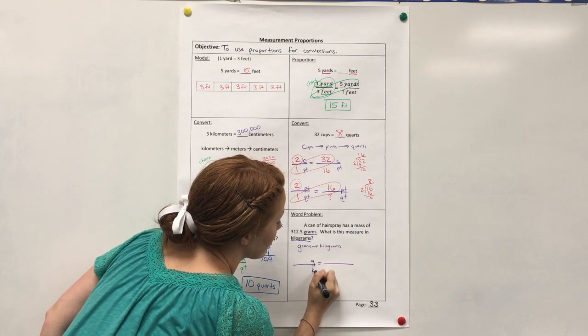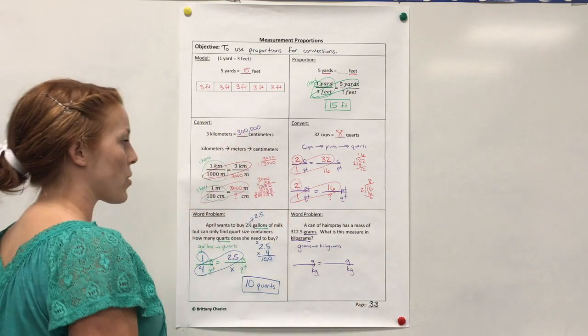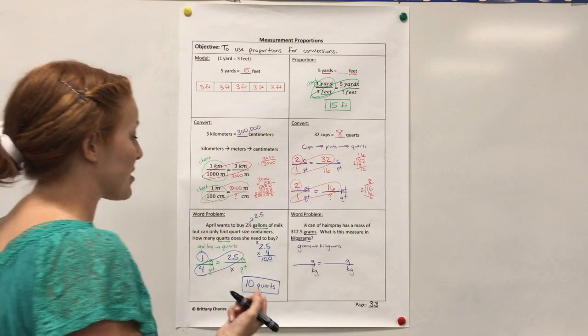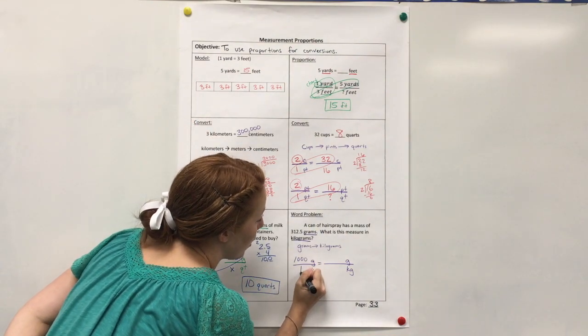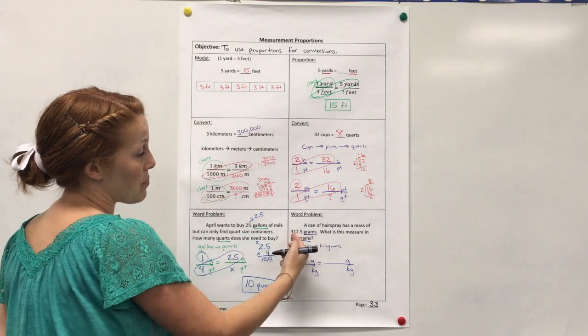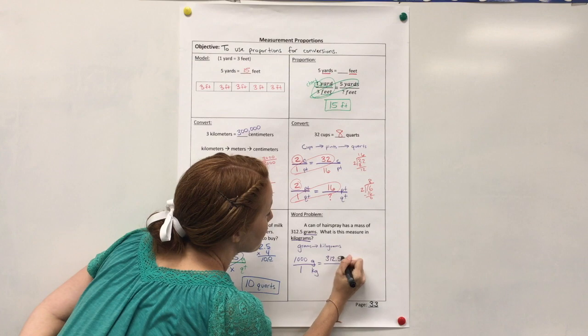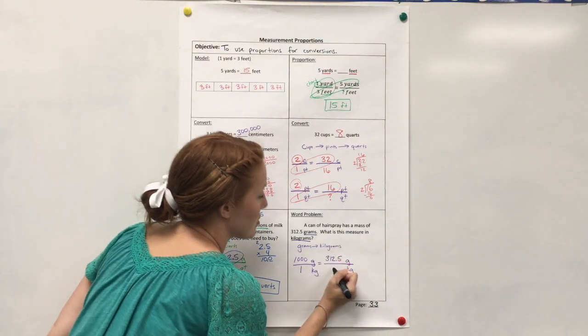Grams, kilograms, grams, kilograms. On my chart, it tells me that 1 kilogram is 1,000 grams. So 1,000 would go up here with grams, and 1 would go with kilogram. And then up here, it tells me that 312.5 is how many grams I have. So I'm trying to find what this is.